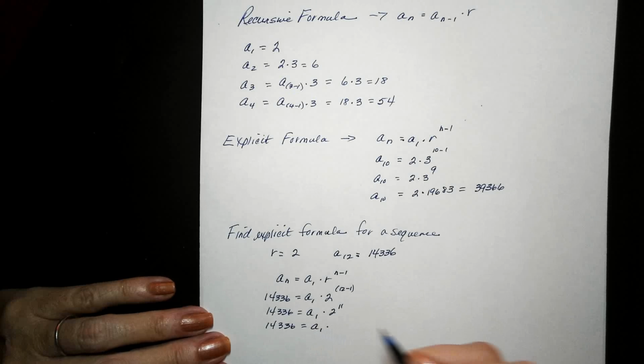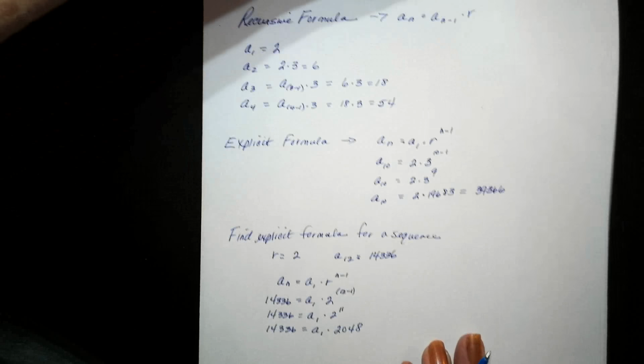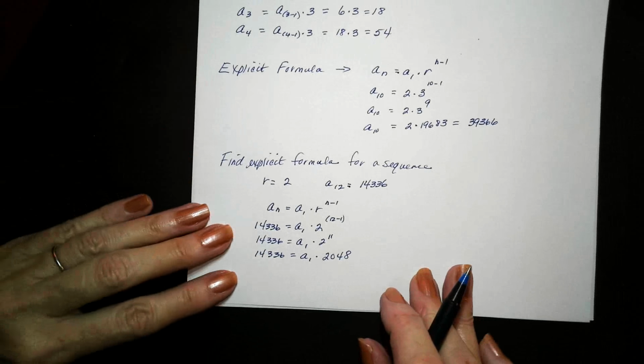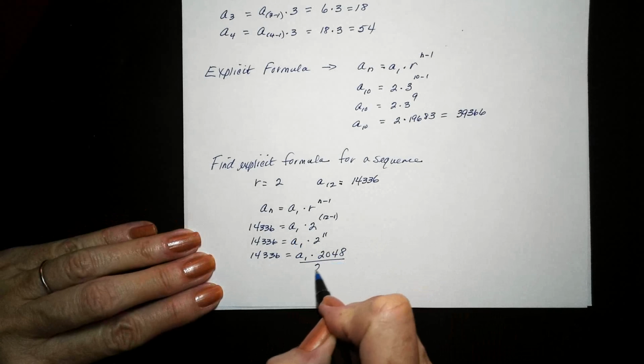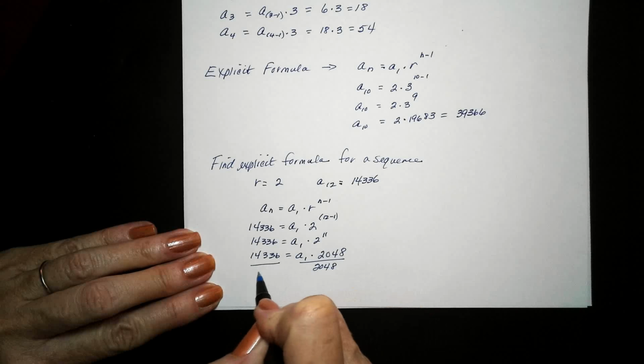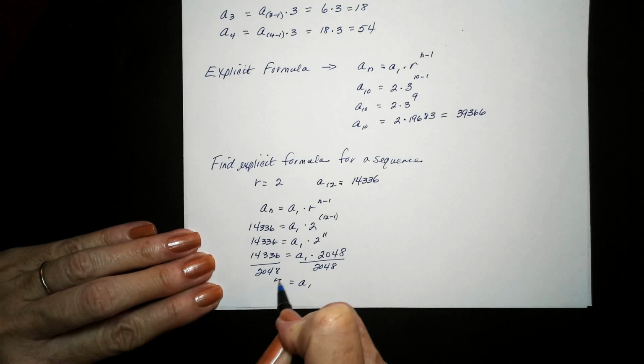And 2 to the 11th power then is going to be 2,048. Now all I have to do is solve for a1, divide both sides by 2,048, and my first term is 7.